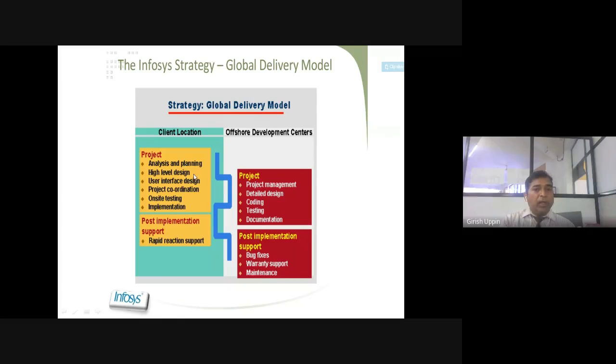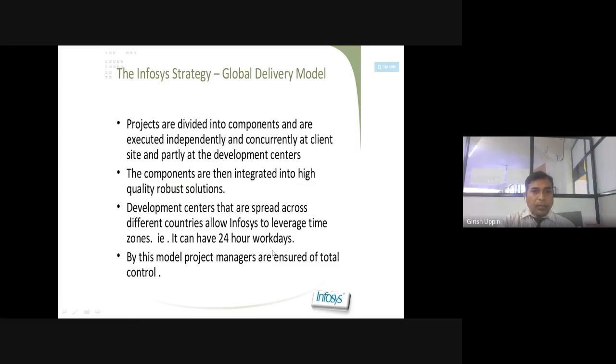If there are any bug fixes which are not emergency, those are sent to the offshore. Projects are divided into components. This is how they will do it: executed independently and concurrently at client side, and partly at the development centers which are offshore. The components are then integrated into high quality, robust solutions.